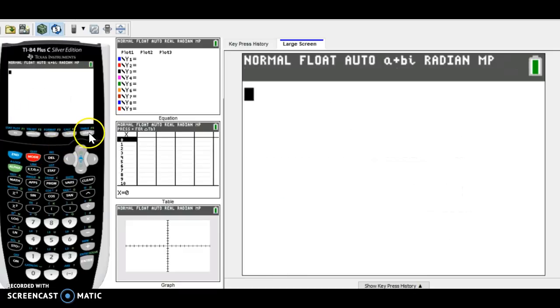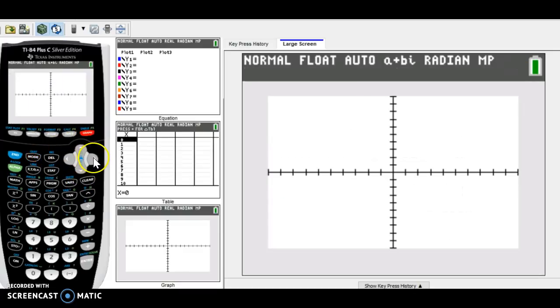The next thing we're going to do is go to graph, and we're going to hold down our right arrow for a little while. We're going to let it move on over for a little bit, to about the count of 3. So I got some nasty little decimal numbers here.